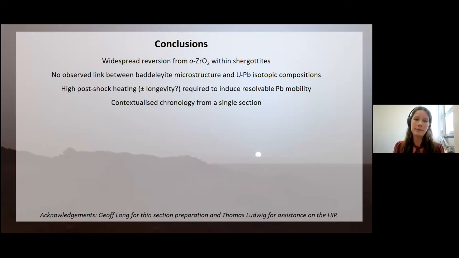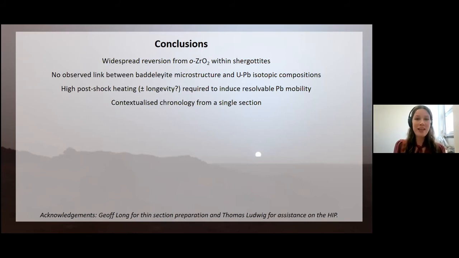by SIMS analysis. Just to bring this in with why Baddeleyite might be useful for sample return, every single one of the analyses I've shown you has come from a single thin section. So we can do petrographic characterization and provide contextualized chronology at very low masses.